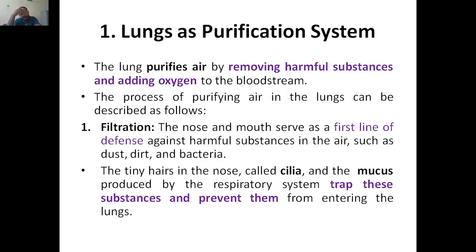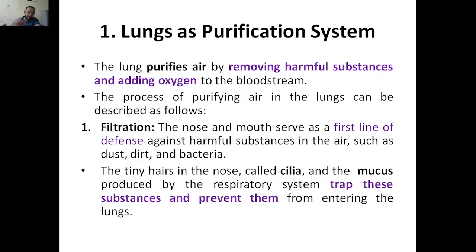Again here, no need to give a detailed introduction about the human organs and how they play. Directly we'll move to the topic, that is lungs. So what are lungs? Lungs, all of you know.